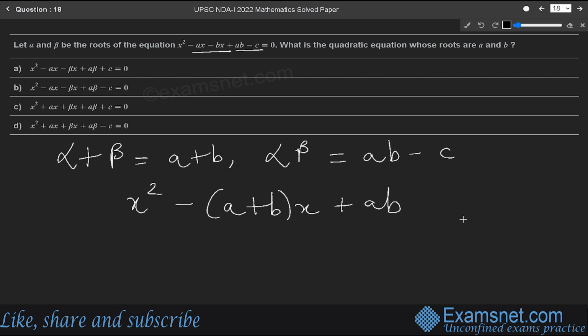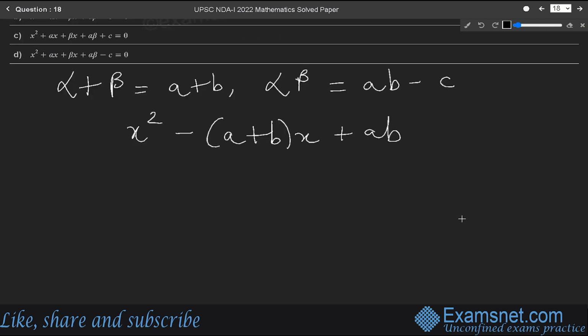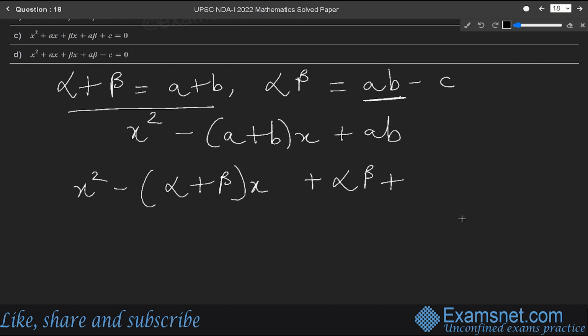So in this equation, when we put the values, we get x square minus a plus b, which is alpha plus beta, as we have already found here, and a into b is alpha plus beta plus c. From here we will find the value of ab, which is alpha beta plus c.